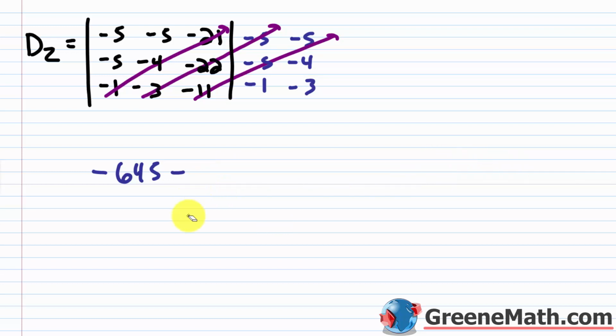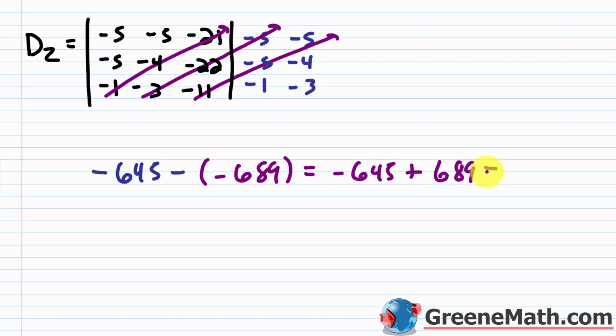So this would be minus a negative 689, which is negative 645 plus a positive 689, which is equal to what? It's just 689 minus 645, which is nothing more than 89 minus 45, which is 44. Okay, so this is going to be 44.